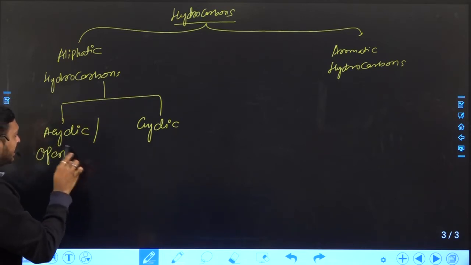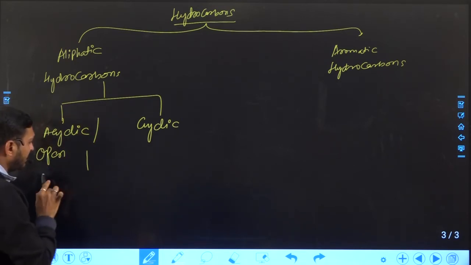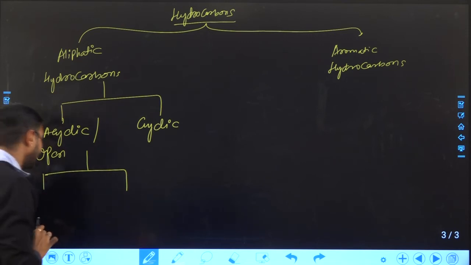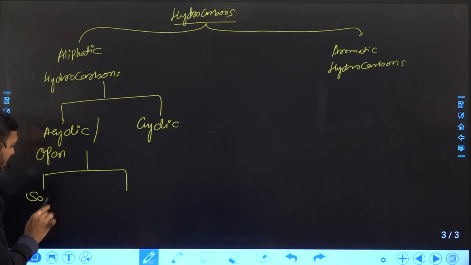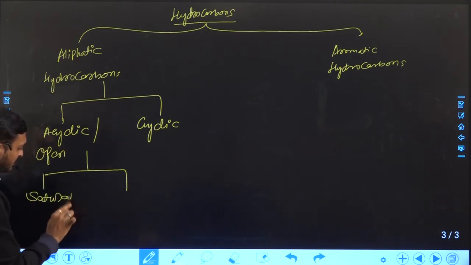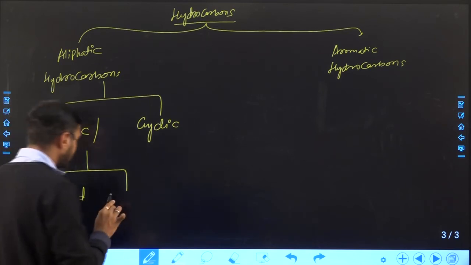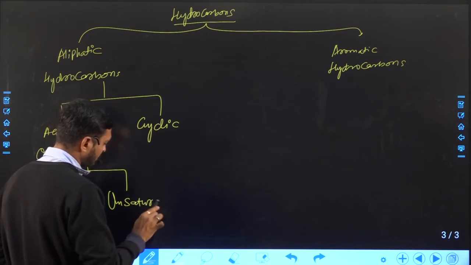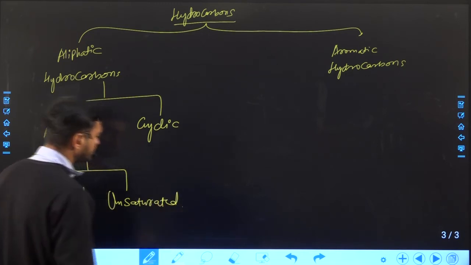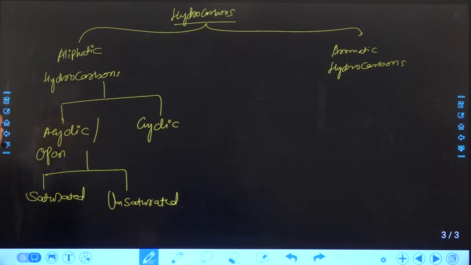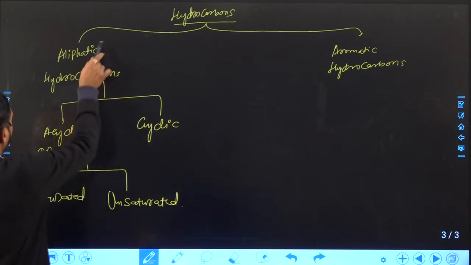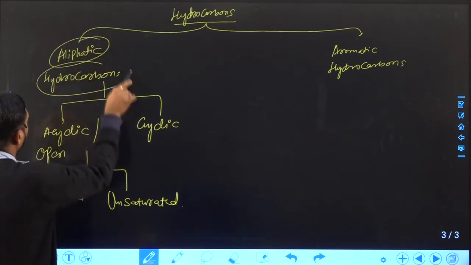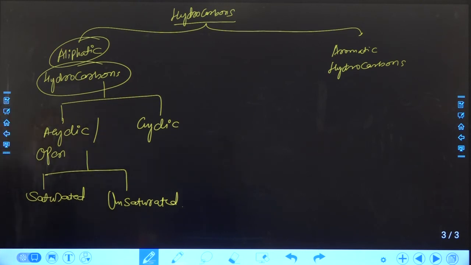Again, acyclic or open compounds are divided into two parts, that is saturated hydrocarbon and unsaturated. First of all, we will try to understand what types of compounds are in the aliphatic hydrocarbon category and how we can identify them, right?